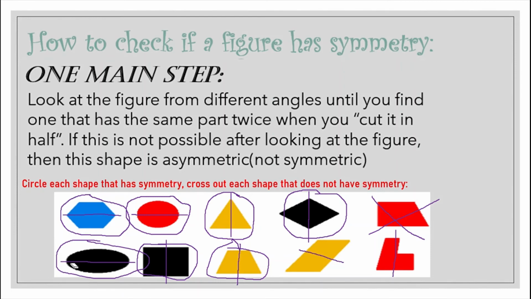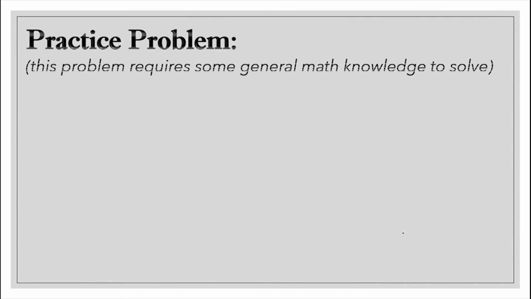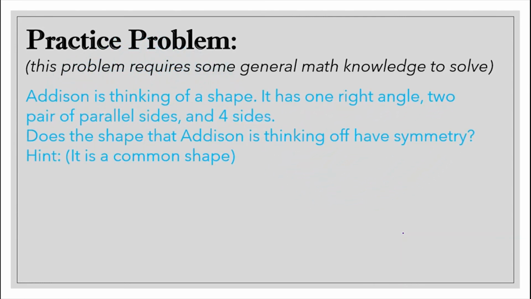I guess it doesn't have symmetry, but we have to look at it at all angles to check if it has symmetry. So if we check on this angle, we see that it works. It's just sort of tilted to make it look a little hard. So these shapes also have symmetry. So only one shape didn't, which makes it a little easy, but it's good to see if each shape has symmetry. Okay, now I have a practice problem, and this problem requires some general math knowledge to solve.